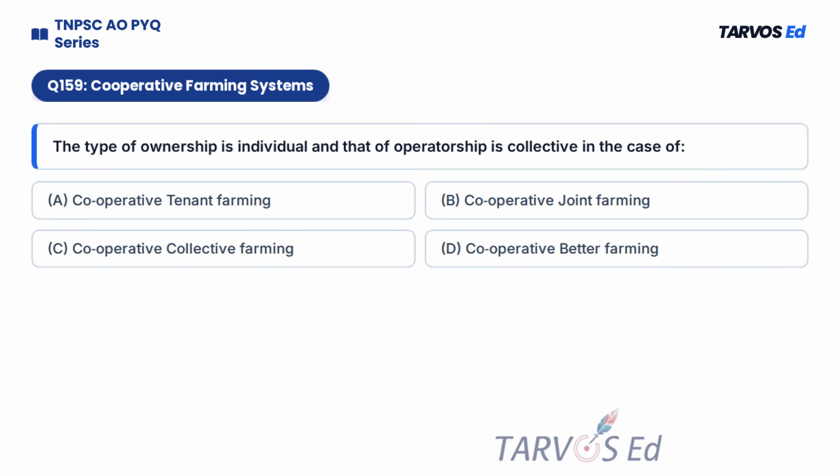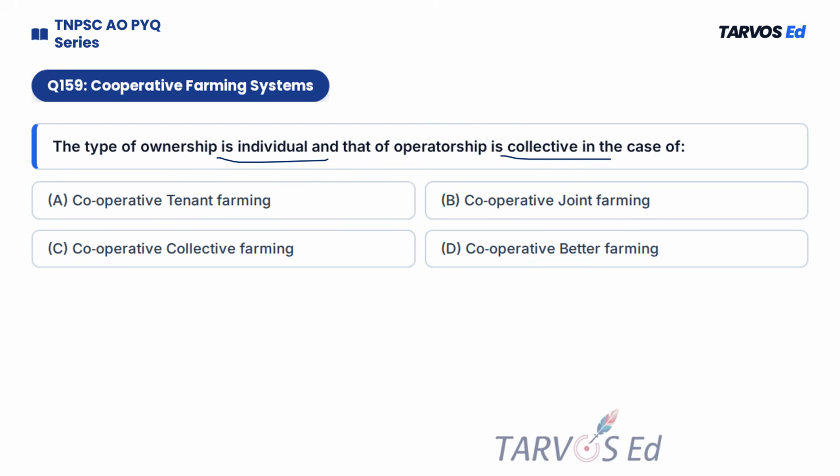So our next question is from farm management. The type of ownership is individual and that of the operatorship is collective in case of, which means that the land ownership will be in the hands of a particular person or an individual, but the farming operation, the exact farming process will be collective in a group.